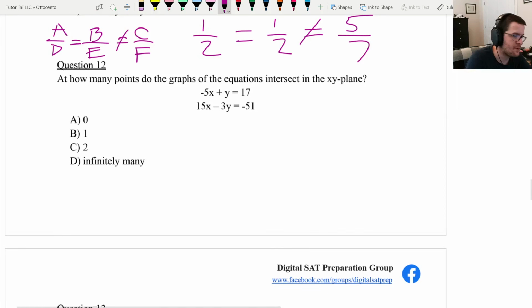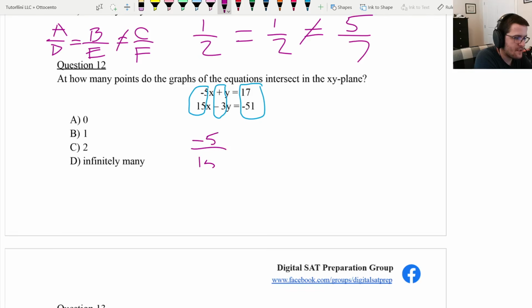Okay, same deal for this one. We're going to just be really careful to get those constants correct. So -5 over 15, 1 over -3, 17 over -51.